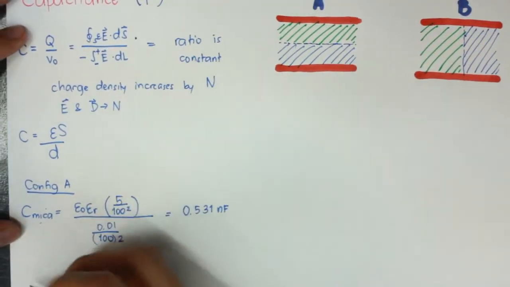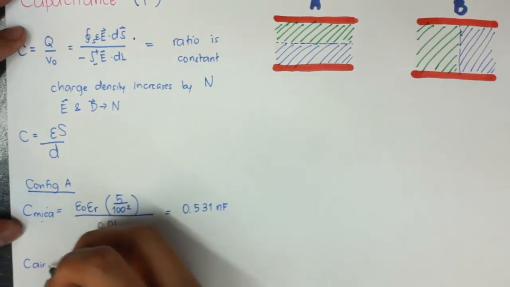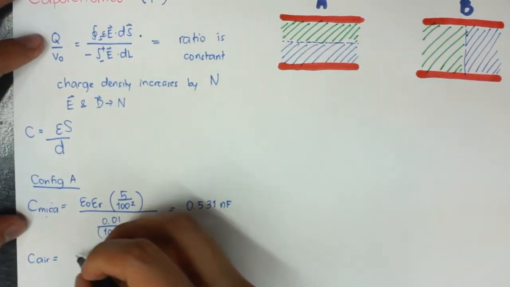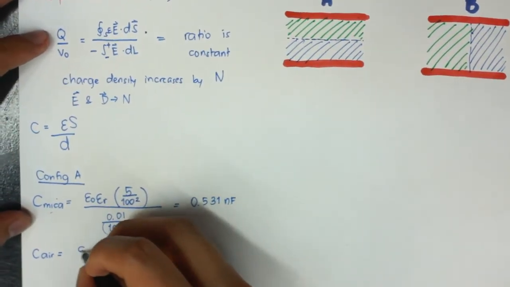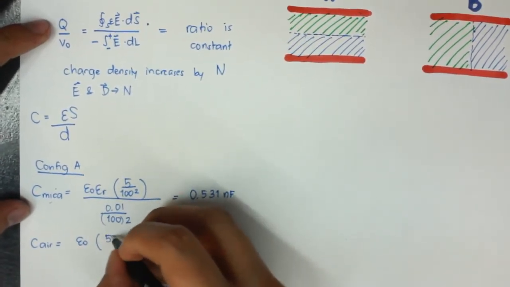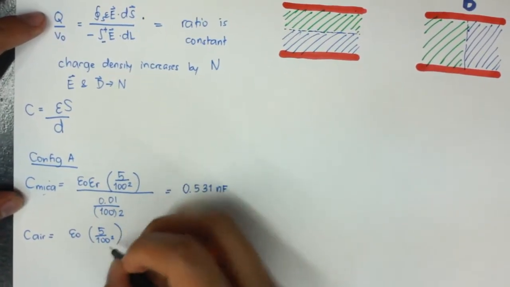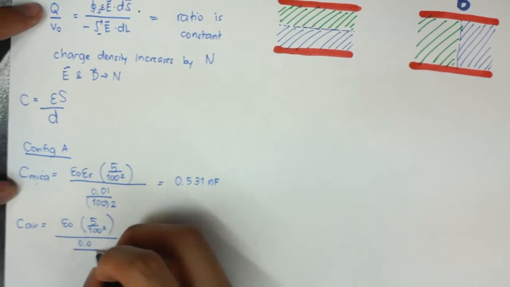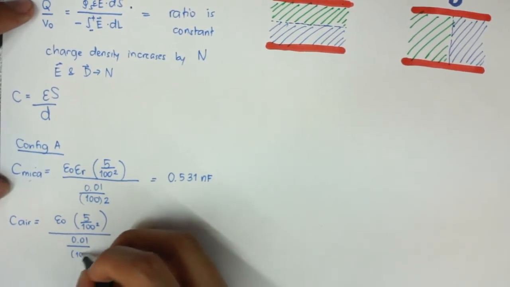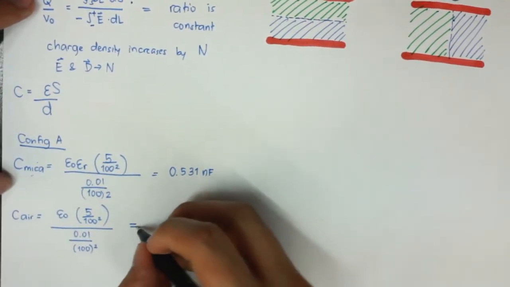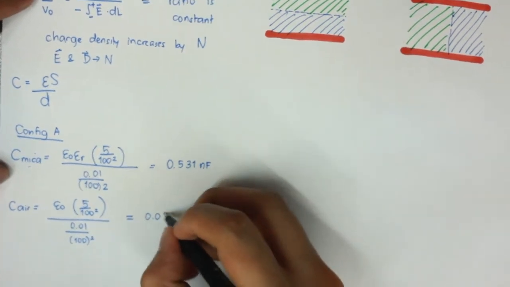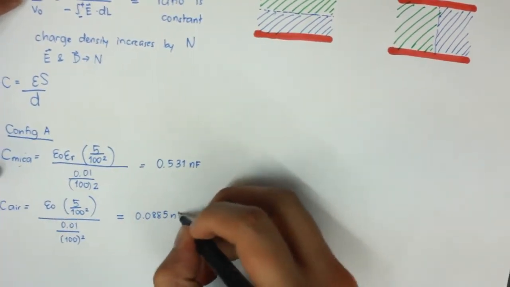And again, same procedure. Makuha natin yung capacitance ng air given those that configuration. This is equal to 0.0885 nanofarad.